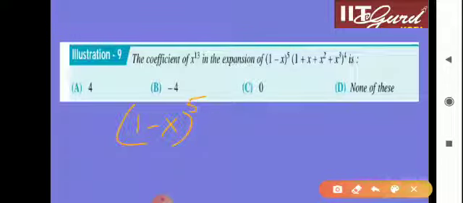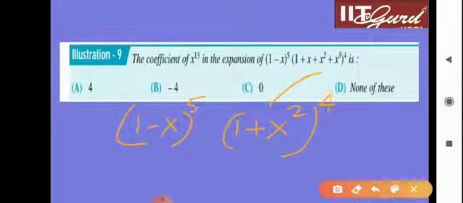Okay, and for this very 1 plus x plus x square plus x cube, if you factorize this, then what will you get? You just take out 1 plus x square, I am writing this way, try to understand: 1 plus x square to the whole power 4 into 1 minus x.